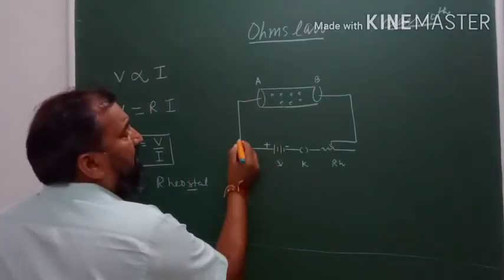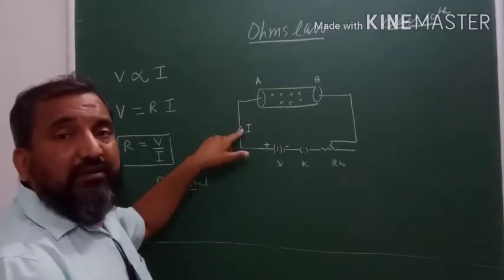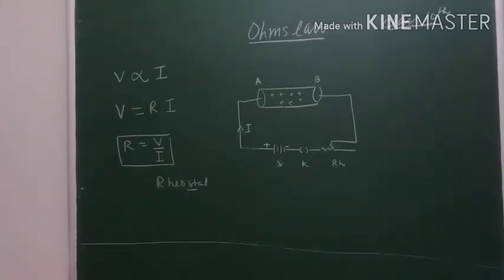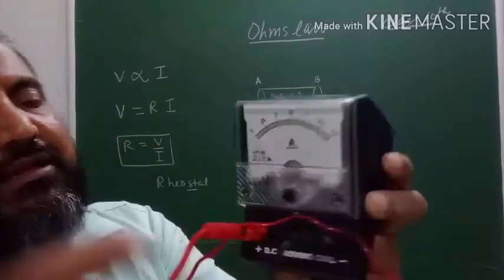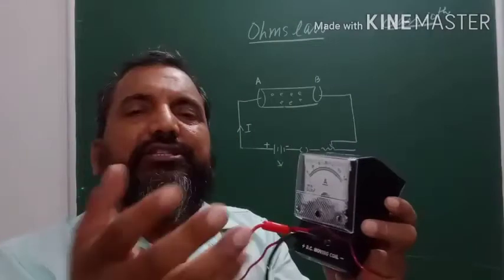Now when current I is moving, it is measured by a device called an ammeter. It is marked A, and below that there is a straight line, which means DC.